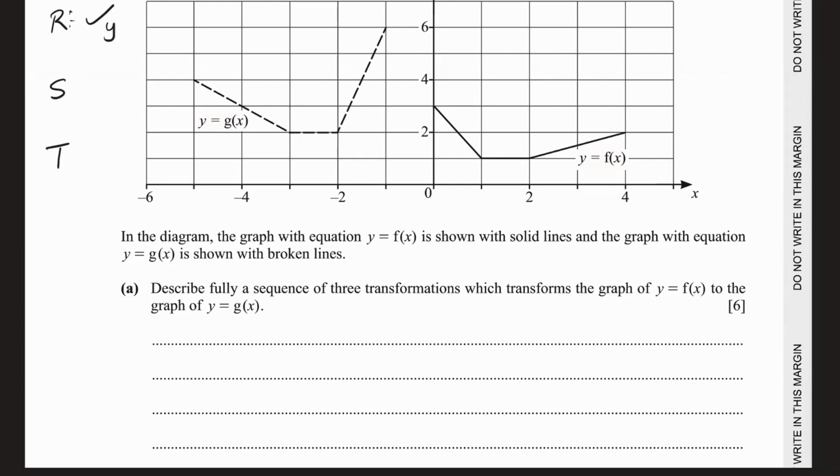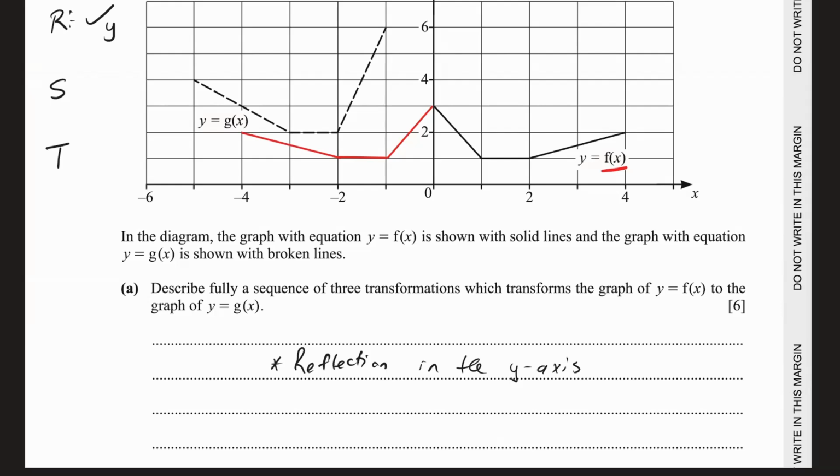So if we reflect the original function y equals f of x in the y-axis, it'll come out like this. So this is how it will be like. All right. So I'm just going to write that down. Reflection in the y-axis. All right.